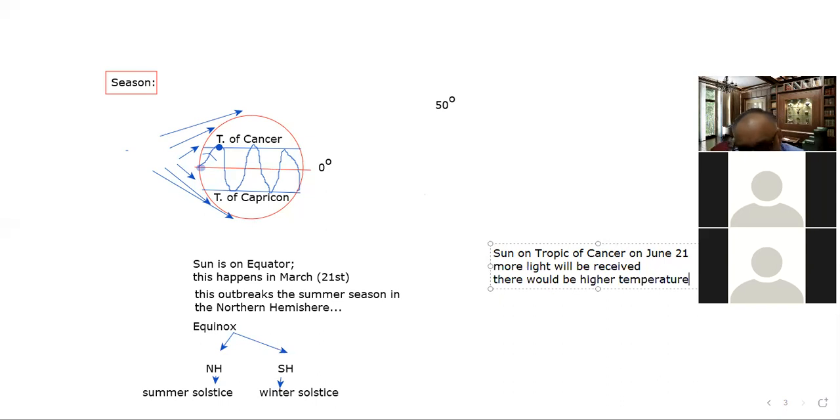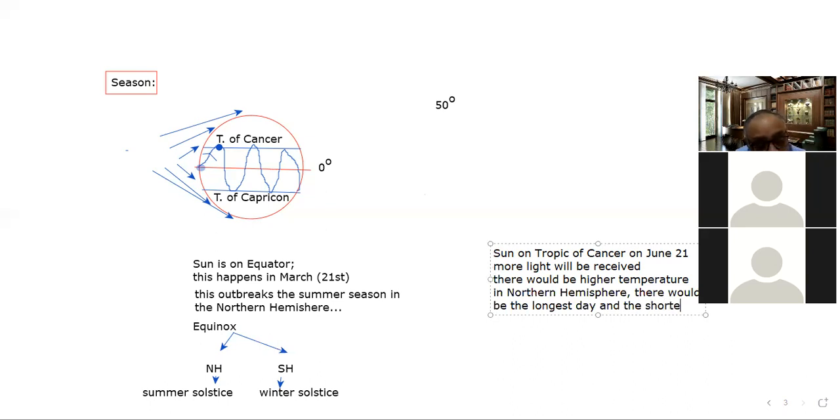And because this zone remains exposed to the sun for a maximum length of time, on this day in the northern hemisphere there would be the longest day and the shortest night.